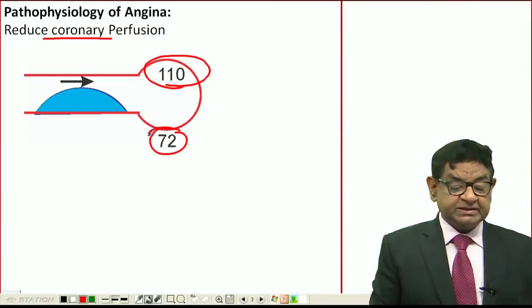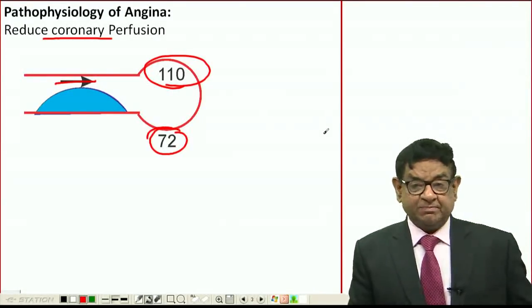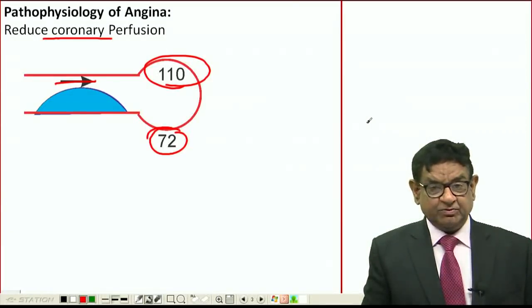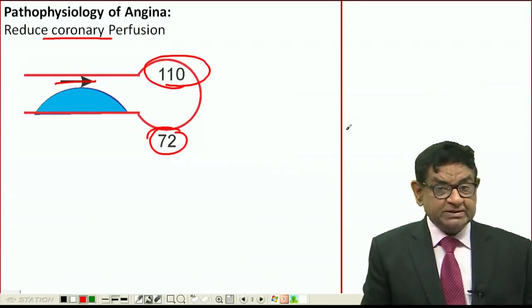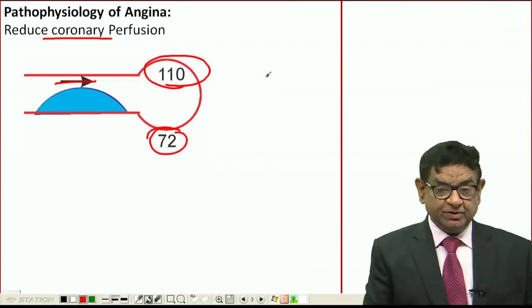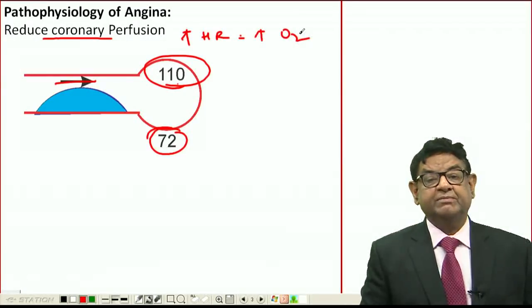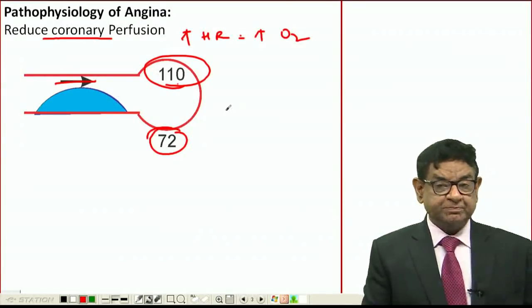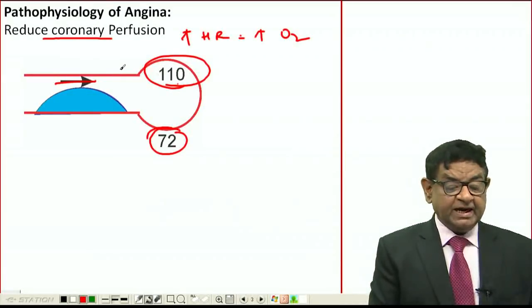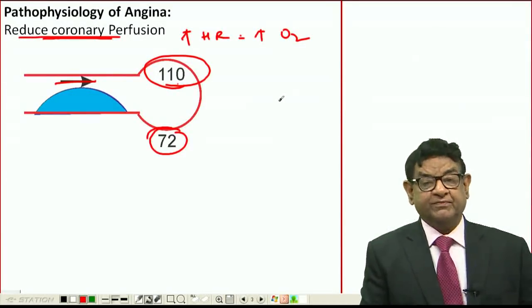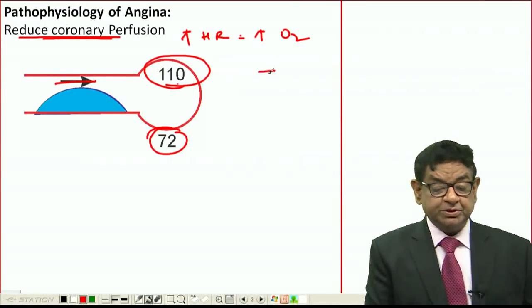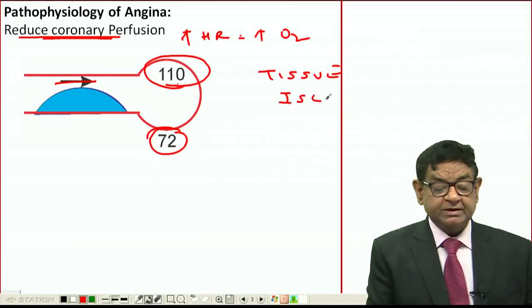When the heart rate was 72, blood was coming like this, demand and supply were matching each other, patient was comfortable. But once the patient starts walking, as we know, heart rate increases. Increased heart rate means increased oxygen demand. But there is a fixed obstruction, and that leads to reduced coronary perfusion, and this leads to tissue ischemia.